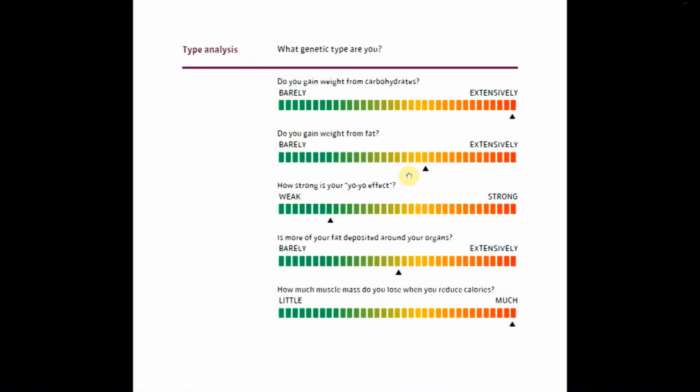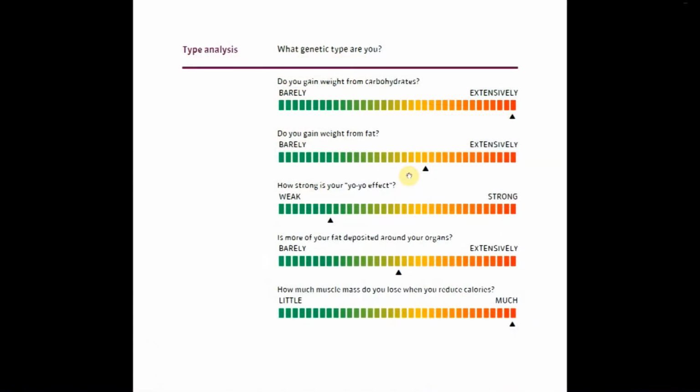However, other people did not. And the difference was a genetic variation. So we tested this genetic variation in you, and then we can tell if you hardly gain weight from carbohydrates based on the genetics, or if you gain a lot of weight from carbohydrates. And do take your booklet and check what your personal result is. It could be anywhere along these lines.